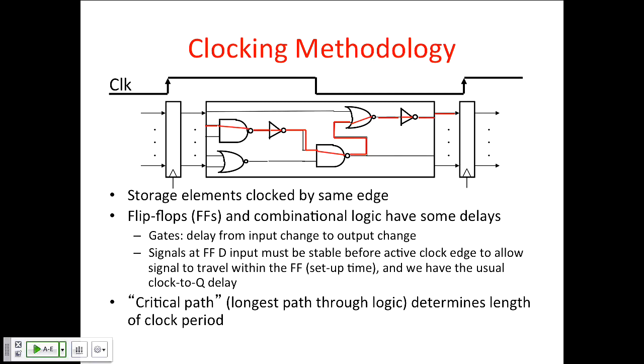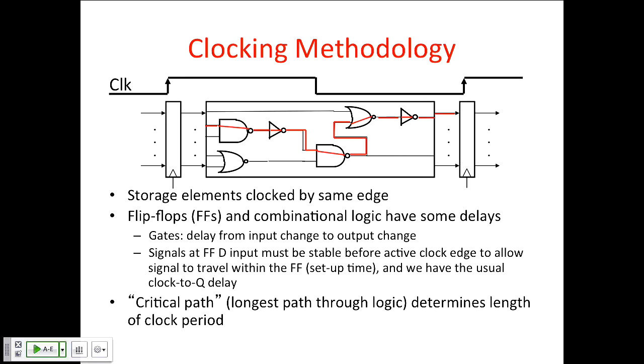If you try to go faster than the critical path, in some cases you'll get an incorrect result, because you won't have left enough time for the signal to settle so you can reliably capture it on the next clock edge. So computer architects spend a lot of time trying to shrink the critical path so they can put the clock edges closer together, so the machine can run faster and do more instructions per unit time, right? That's the art of doing CPU design. How do you make the system run fast?